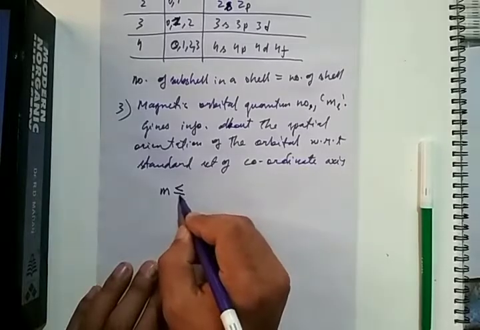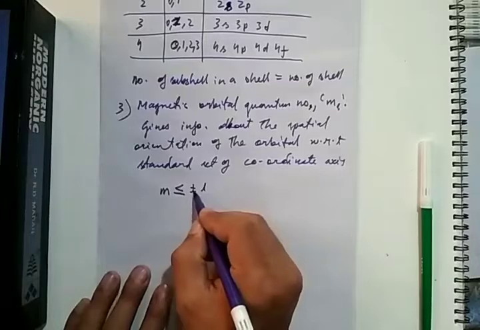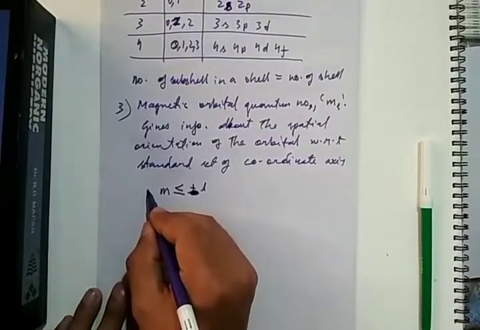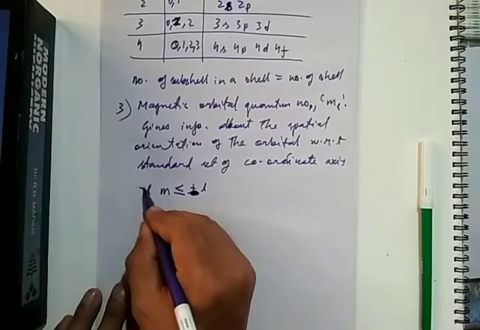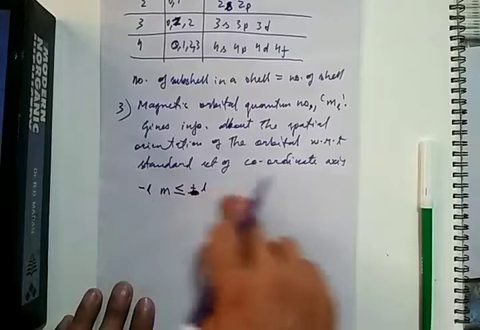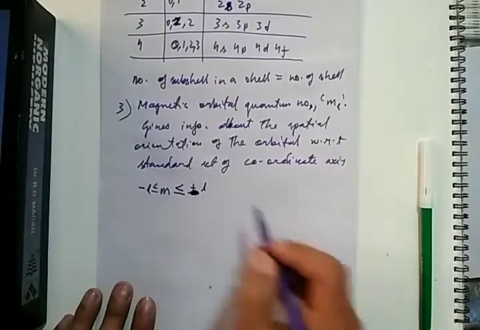So m can be smaller or equal to l, it can be plus or minus, or simply we can write it like this. You can either write plus minus also, or represent it like this.